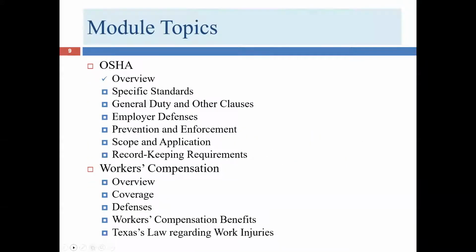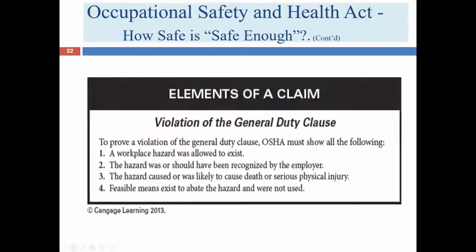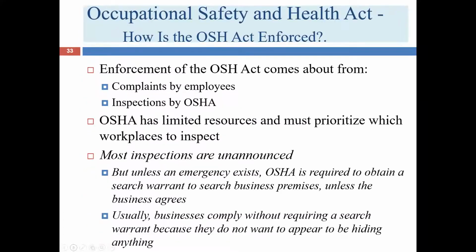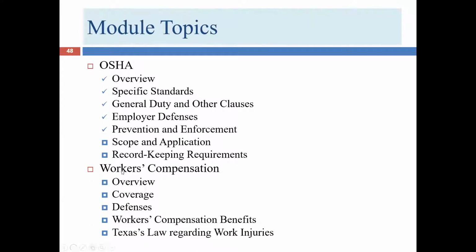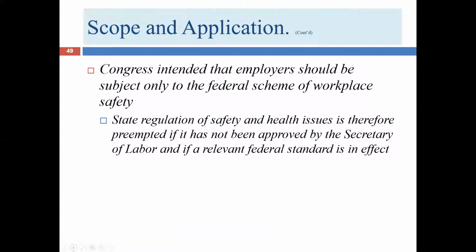So I'm going to fast forward to slide 48, which is where we left off last time we were together. And here we go. We're going to talk about scope and application and record-keeping requirements. So this is an area where the federal government has preempted state action.